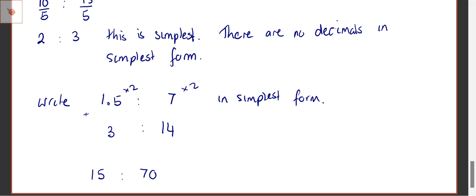That's why you didn't add, because remember we do the same to both numbers. If we add the same to both numbers, it doesn't quite work. Yeah, 3 to 14 is the correct answer. Well, what's 1.5 times 2? It's 3. So you need to hopefully know how to multiply a decimal up.